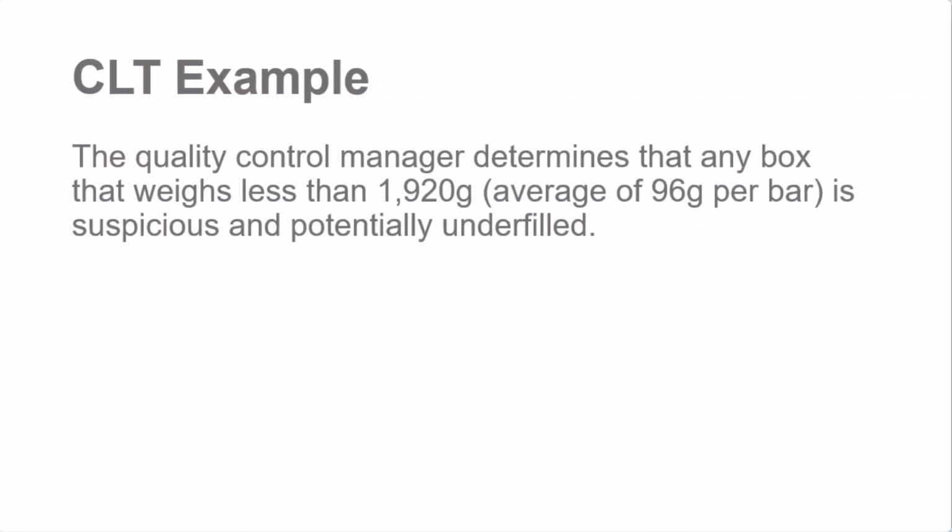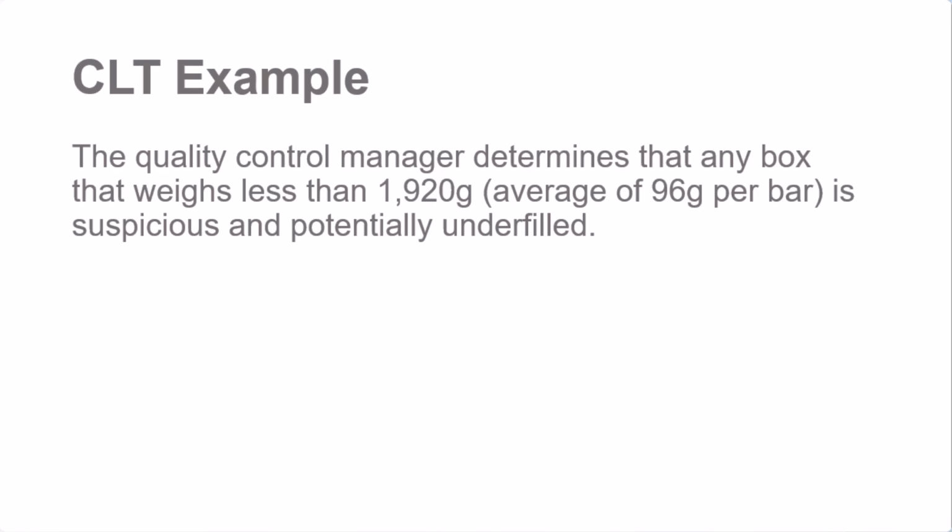The next part of my problem says the quality control manager determines that any box that weighs less than 1,920 grams, which is equivalent to an average of 96 grams per bar, that's just the 1920 divided by 20 bars, is suspicious and potentially underfilled.